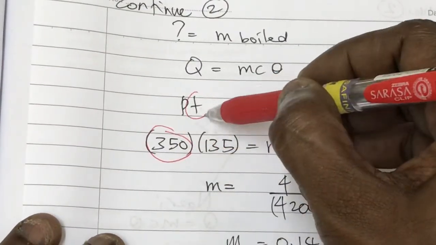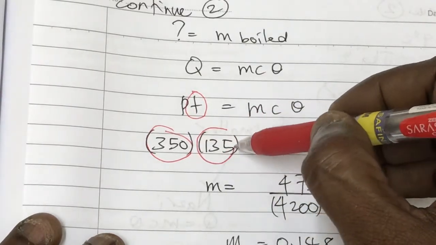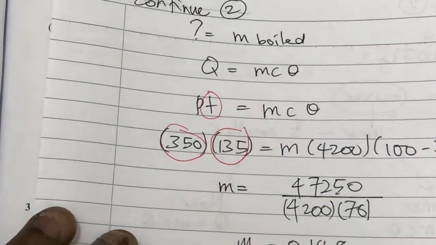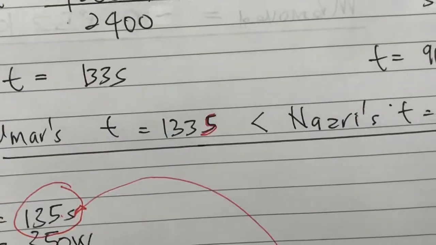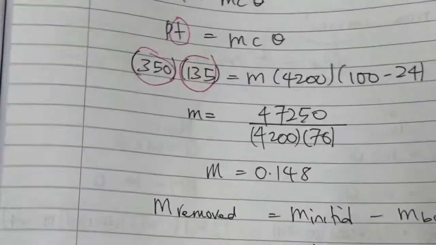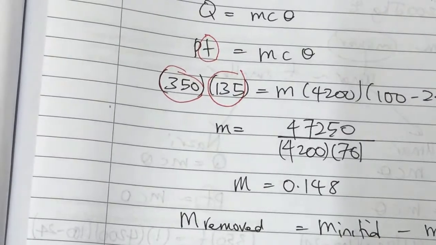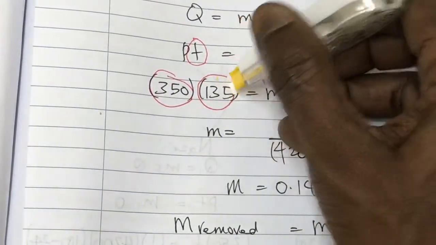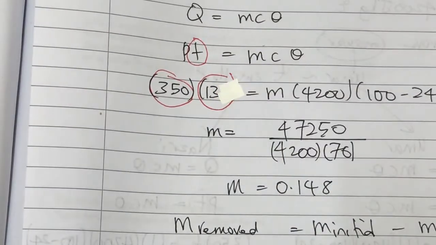Now the time of Nazri, you want to use Omar's time. That would be 133. Sorry, this should be 133, not 135. My mistake. I'll do the correction right now. 133.